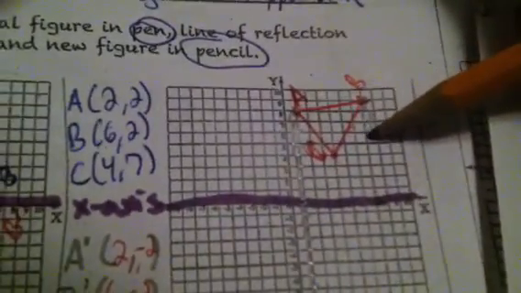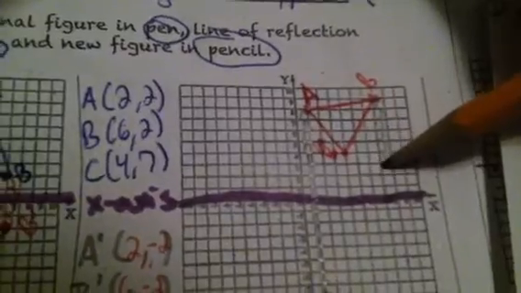Which brings us to B. B is 1, 2, 3, 4, 5, 6, 7, 8, 9 away.